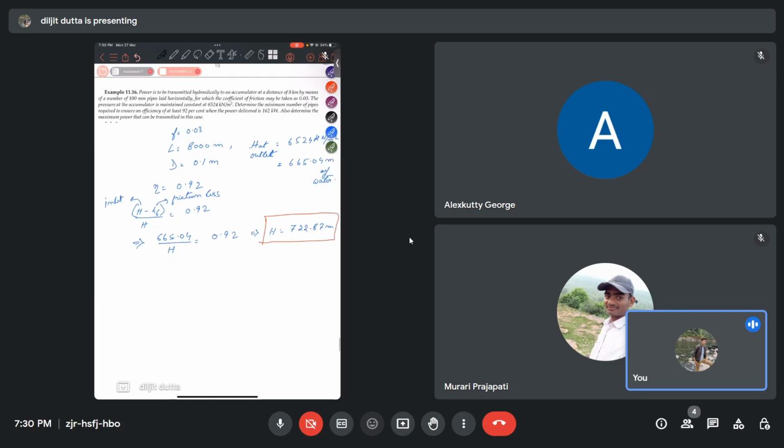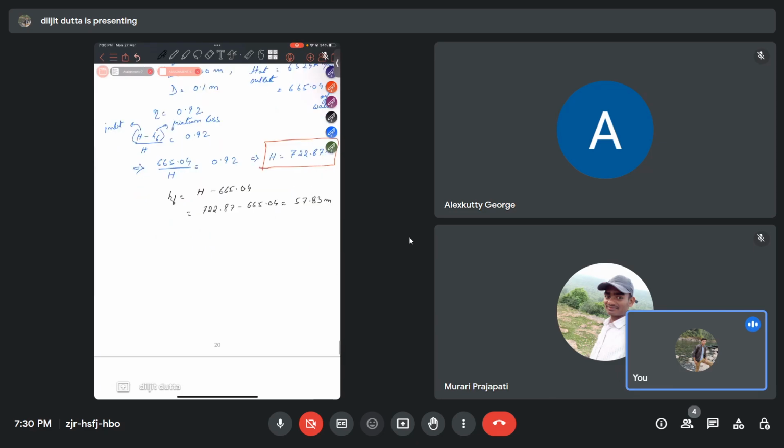Now based on this formula we will get friction loss equal to capital H minus 665.04. So this will be approximately around 57.83 meter. So we will use the Darcy-Weisbach formula here: F L V square by 2GD.